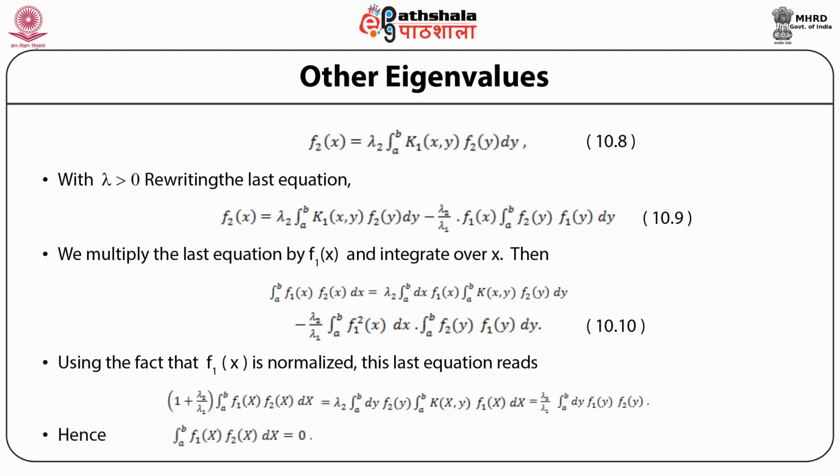Hence, from this we can see that the integral of f1(x) f2(x) dx from a to b is equal to 0.